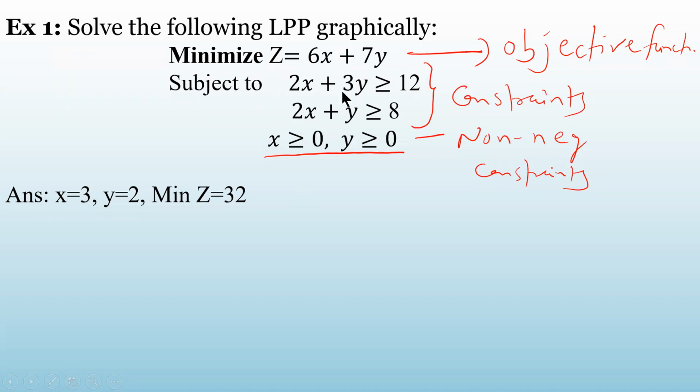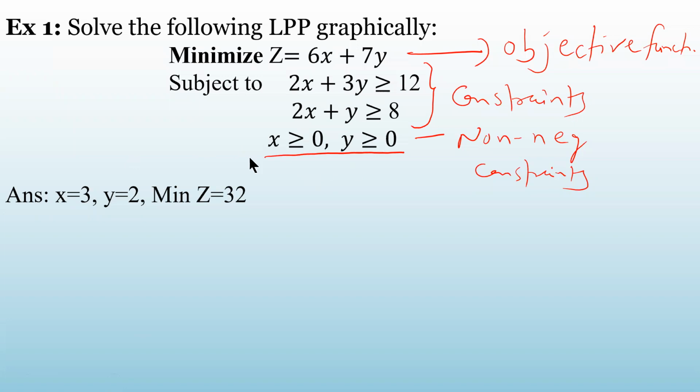So we have to draw this region as well as this region on the graph paper. And these two constraints tell you that your graph should be strictly in the first quadrant only, because x and y are both either greater than 0 or equal to 0. So our graph should not cross into the second, third and fourth quadrants.